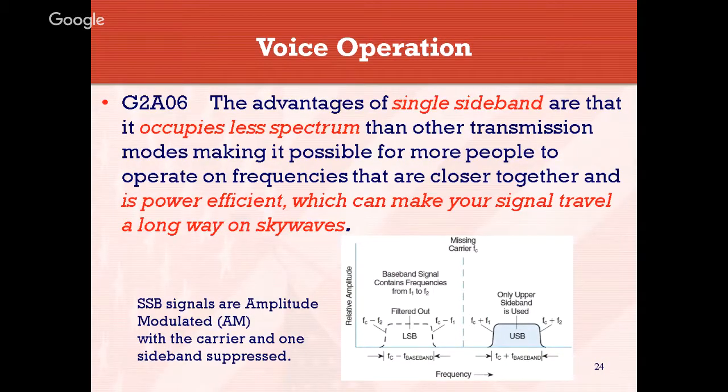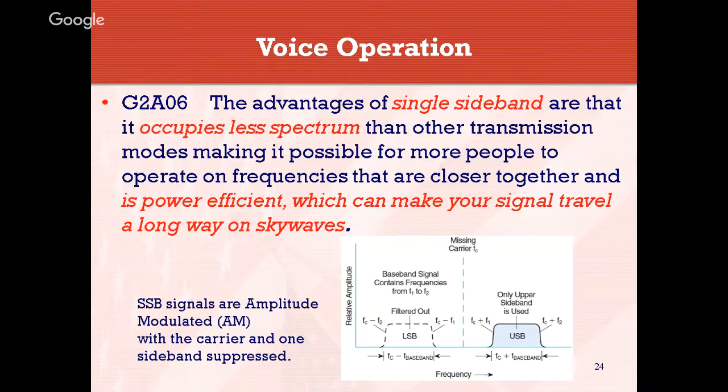There are some AMers, particularly on the 160 meter band. You'll occasionally run across a few AMers that are running amplitude modulation. And that's okay. 160 is not very crowded. Sometimes you'll even hear them on 75 meters.